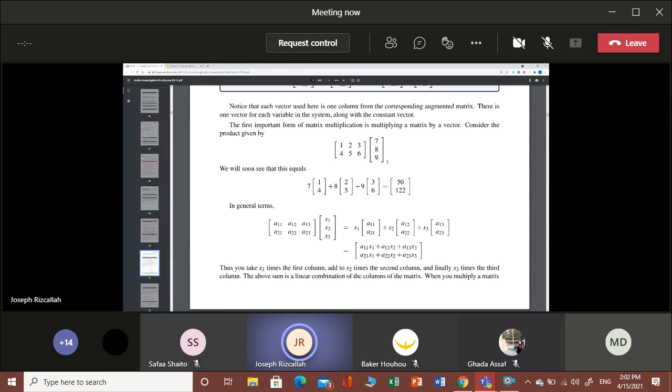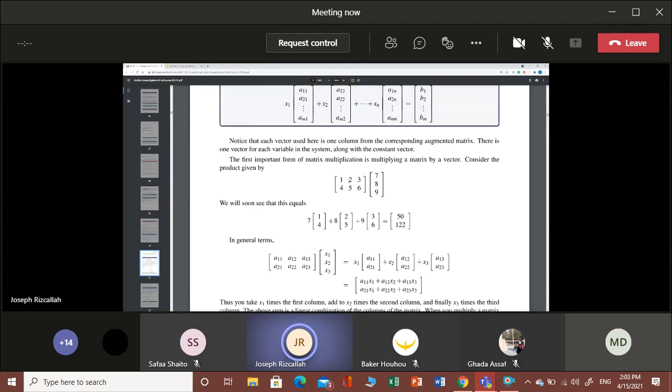Here I have to warn you at the very outset that the order matters. We are multiplying the matrix from the left, and the vector from the right. So the multiplication of the two objects has a specific order.